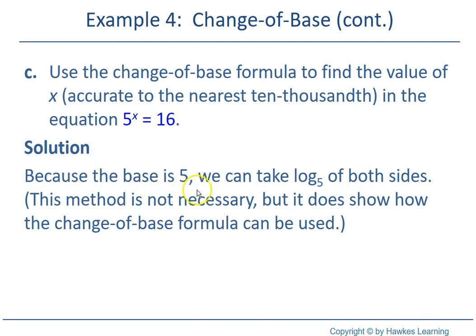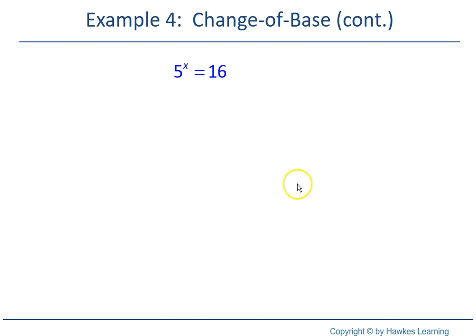Because the base is 5, we can take the log base 5 of both sides. This method is not necessary, but it does show how the change of base formula can be used. All right. So there we have this. We're going to go log base 5 of 5 raised to the x. Remember, this arrangement, when the base and the exponent match, it just becomes the exponent x.